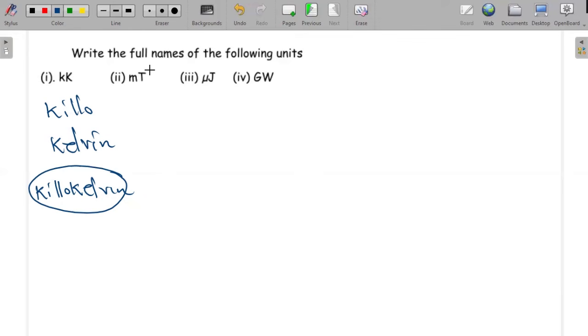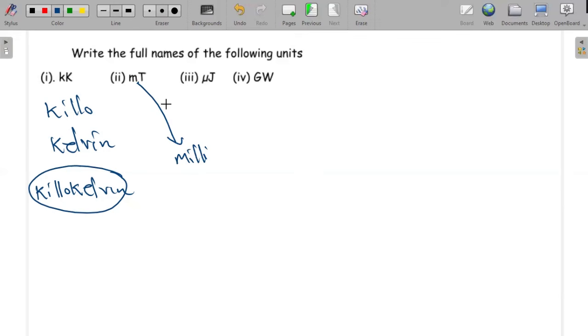I can't really get what you are saying. Okay, so she mentioned that the small letter m is for milli. Now I'm asking about the capital letter T. What unit of measurement is it?